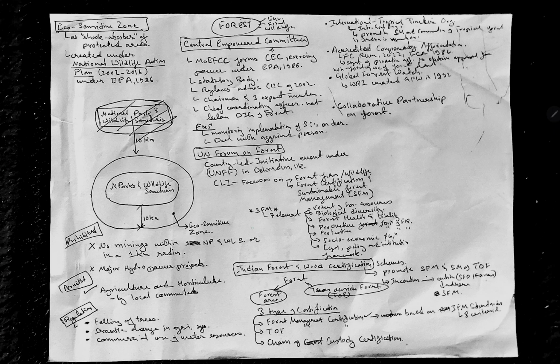So what is sustainable forest management? It handles how the resources of the forest should be used, how they are to be protected, and what their socioeconomic functions are. These are divided into 7 elements: extent of forest resources, biological diversity, forest health and viability, productive function of forest resources, protective function of forest resources, socioeconomic function, and legal, policy and institutional framework.